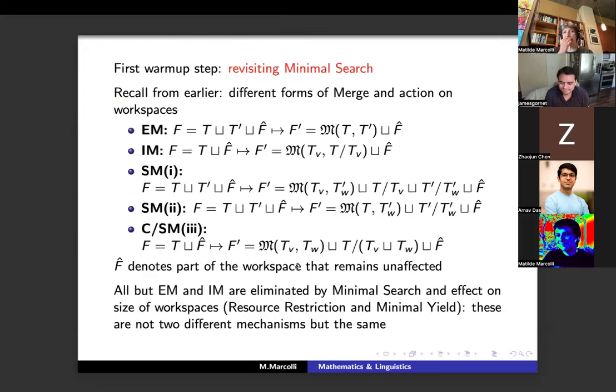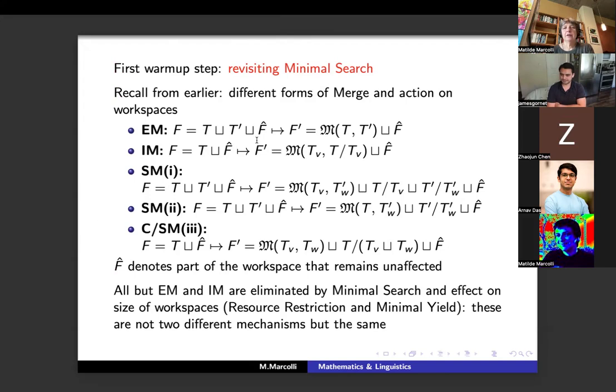Okay, so let's go back to this example that I want to talk about first, which is revisiting some of the constraints that I was discussing earlier about merge and the various types of merge. When I described the action of merge on workspaces, I described a few different scenarios of what can happen when you apply our merge operation, this Hopf algebra Markov chain, on one of the workspaces.